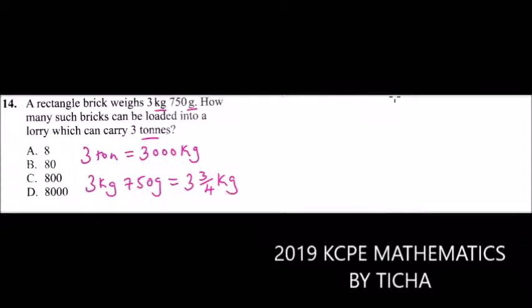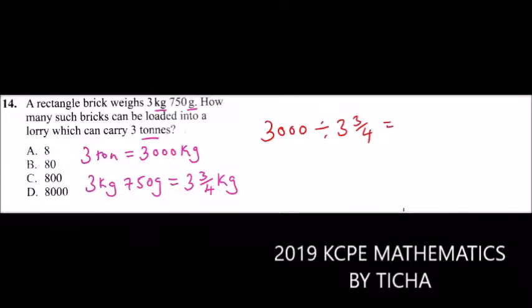Therefore, for us to know the number of bricks the lorry can take, we divide 3,000 kg by the weight of 1 brick, which is 3 and 3/4.